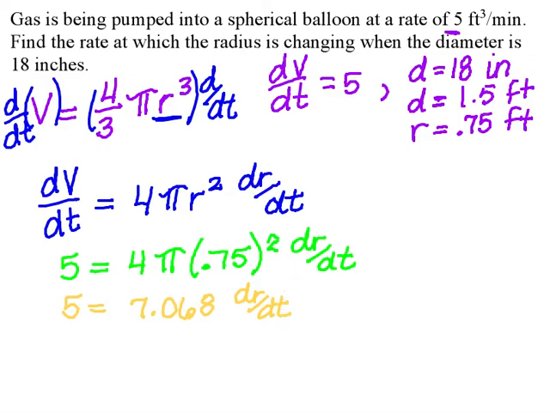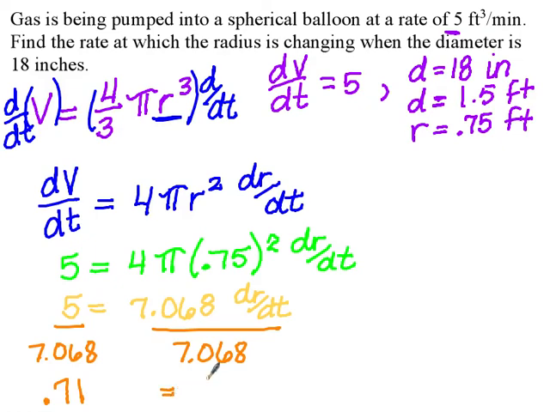Now to solve for dr/dt, what are you going to have to do? Divide. Yep. So take 5 divided by 7.068. And what do you get? 0.707, so let's round it to 0.71. Now we need to come up with a label.